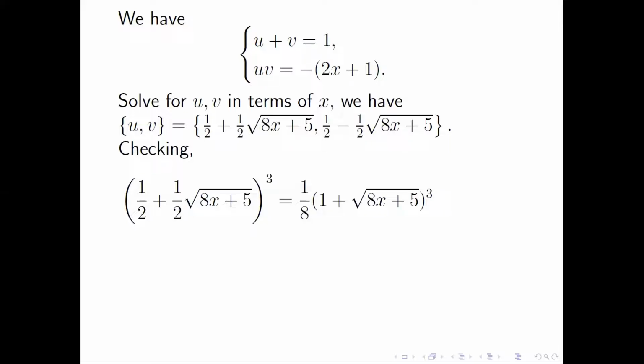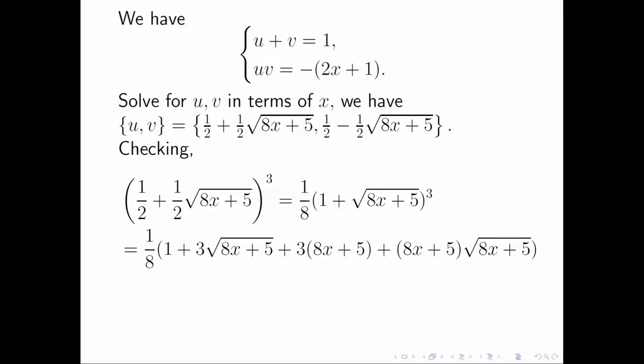We factor out 1/2; to the third power is 1/8. And then expand using the binomial formula. We got 4 terms. 2 of them are just polynomials, the other 2 contain square roots. We combine the like terms. Polynomial terms combined together and the square root terms combined, we got this.